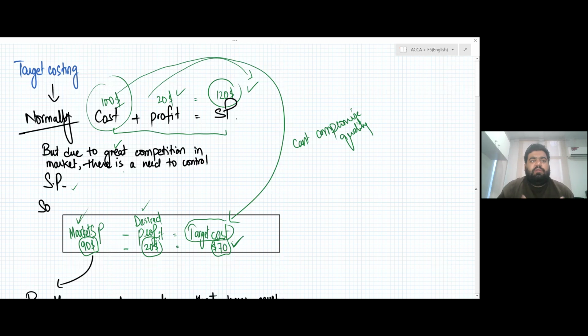Maybe the market is giving good quality at $90, and their cost is 70. But now you are coming down by using lower quality. That is not a logical or sensible step. So what you have to do is lower your cost, but don't compromise the quality.